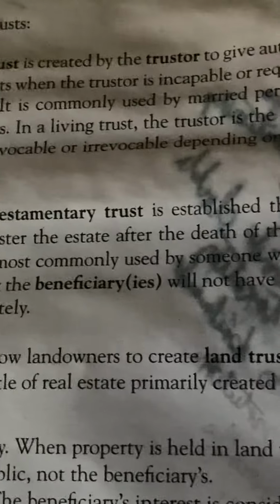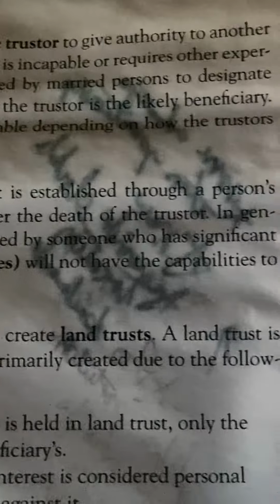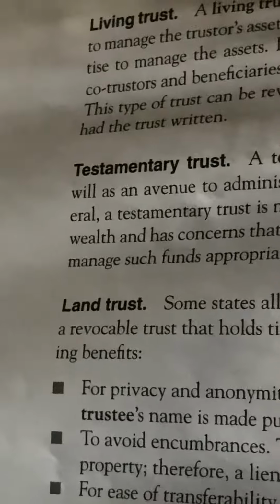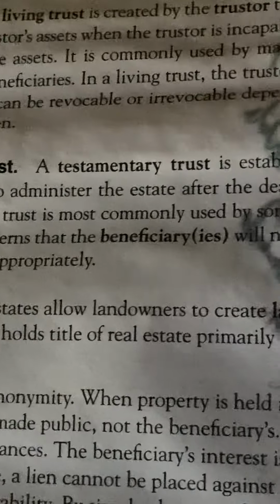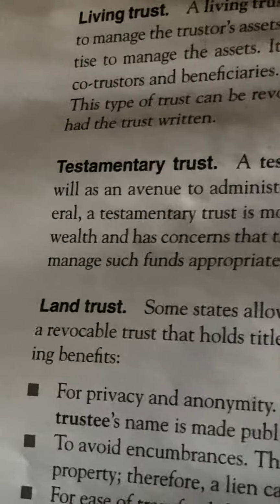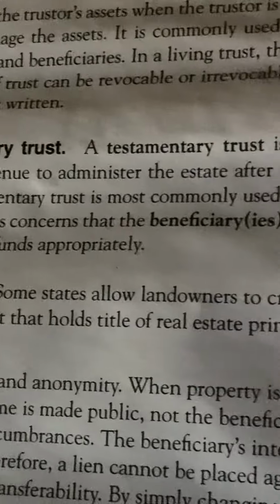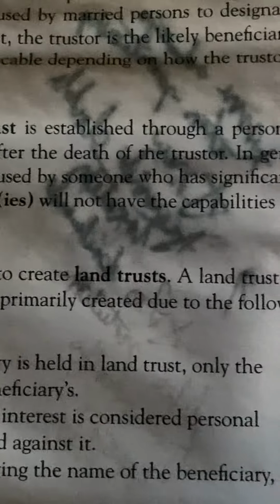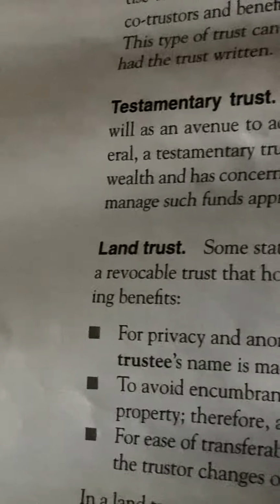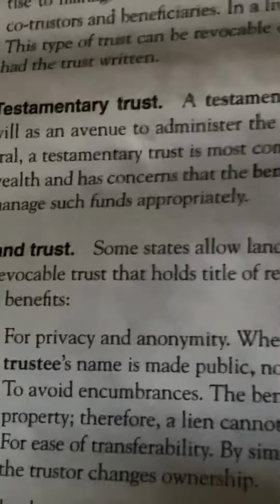It is commonly used by married persons to designate co-trustors and beneficiaries. In a living trust, the trustor is the likely beneficiary. This type of trust can be revocable or irrevocable, depending on how the trustors had the trust written.